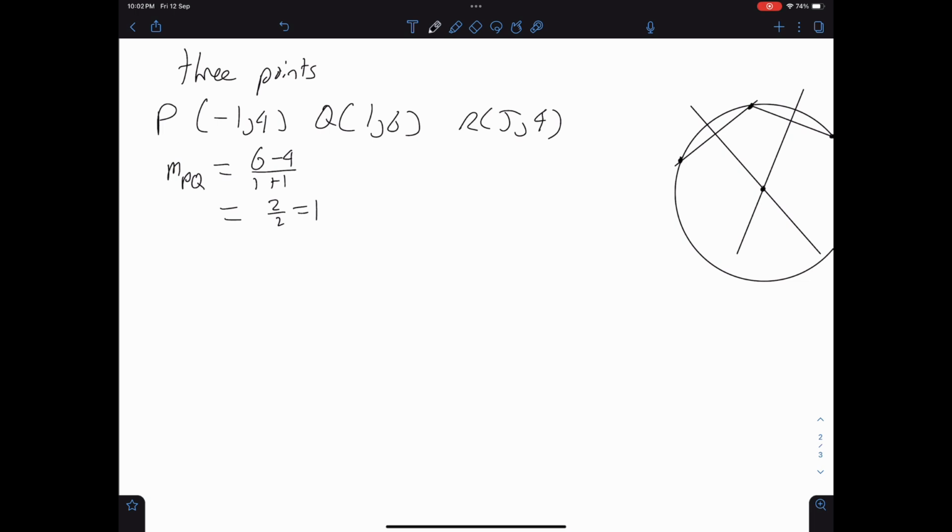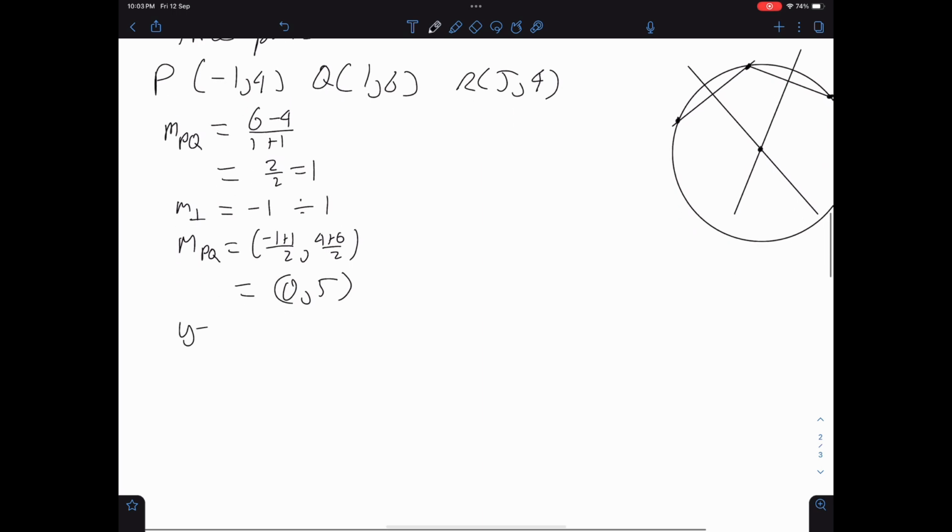And then that means the m of the perpendicular bisector is minus 1, divided by 1 if you want to be pedantic. And then I would say midpoint PQ is equal to minus 1 plus 1 over 2, 4 plus 6 over 2, which is 0, 5. And then we apply y minus y1 equals m times x minus x1.